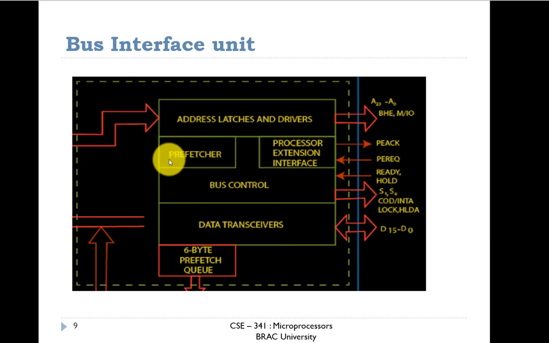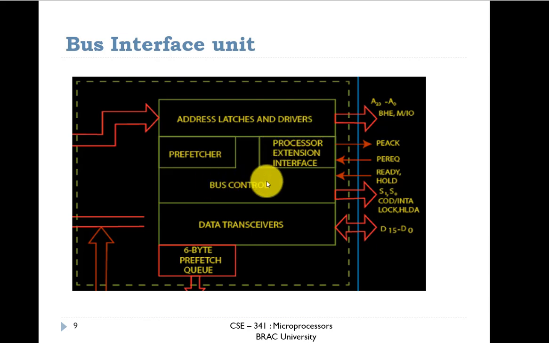The prefetcher unit works for the purpose of storing the instructions in the 6-byte prefetch queue beforehand. The processor extension interface is useful for interfacing the coprocessor with this microprocessor.